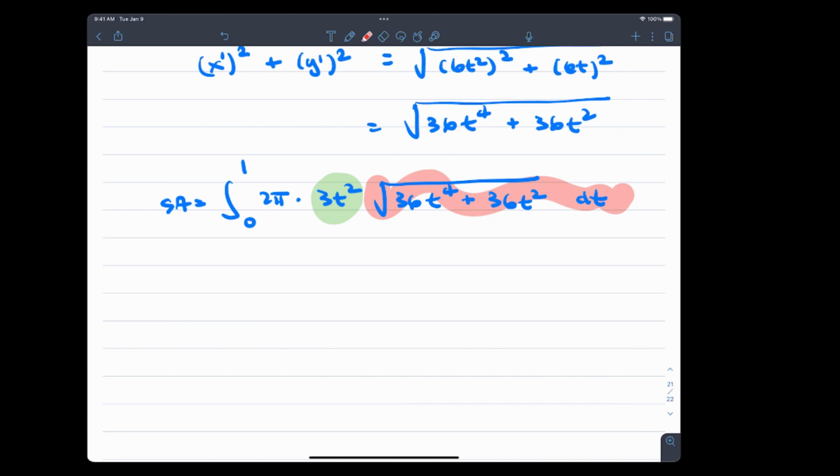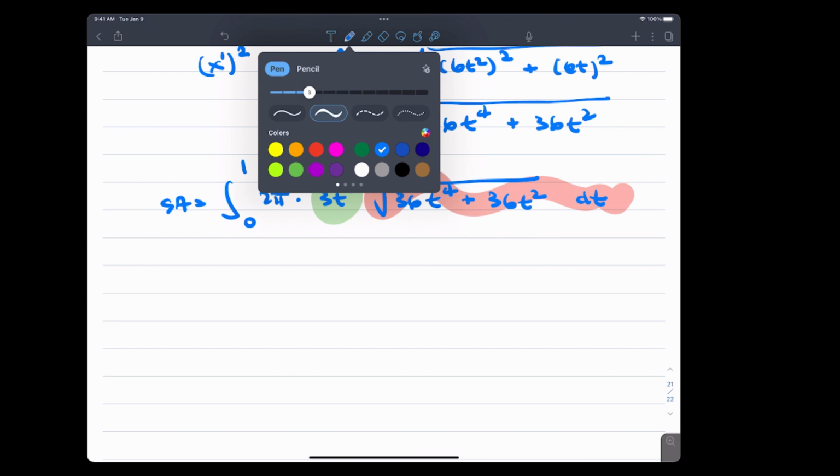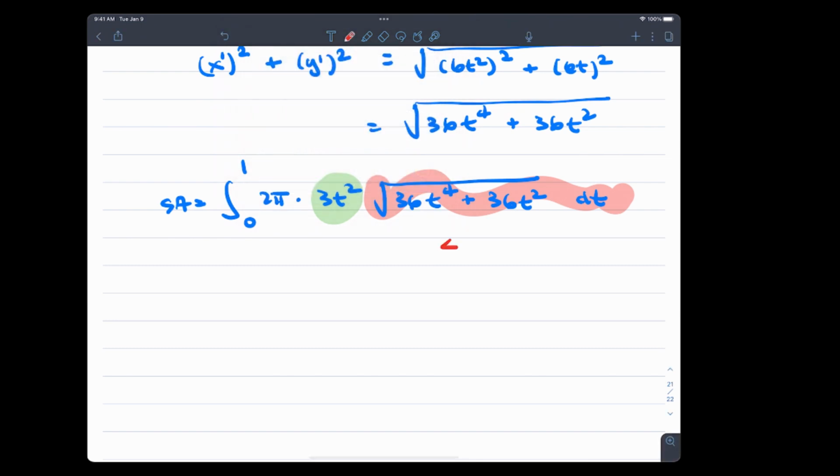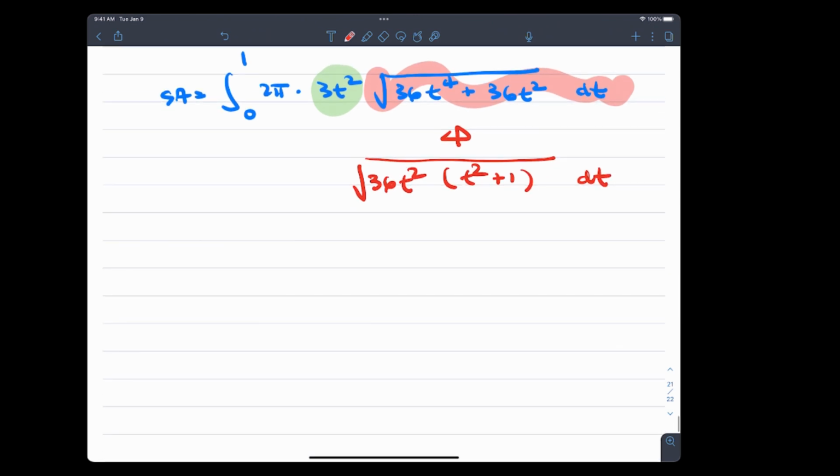All right. Now, you might say, what do we really do here? Well, you're going to have to do some algebra right in here. You're going to have to factor out that 36t squared, and you're going to be left with t squared plus 1 dt. And then that's going to be 6t times the square root of t squared plus 1.